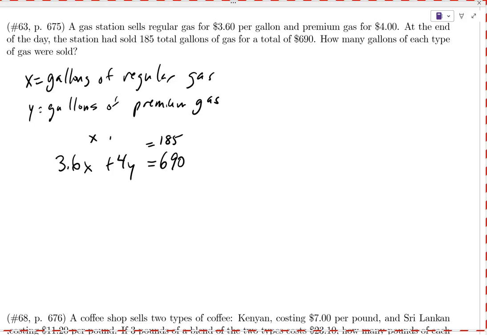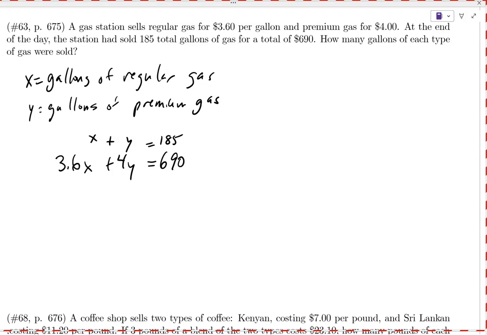And why would it be x plus y? Because that's the gallons. Good. So it says they sold 185 total gallons, right? So x is representing gallons and y is representing gallons. X plus y will represent the total number of gallons. So the first equation we have is x plus y equals 185. The second one is 3.6x plus 4y equals 690.